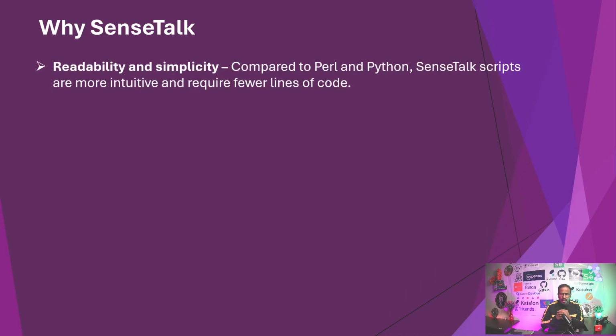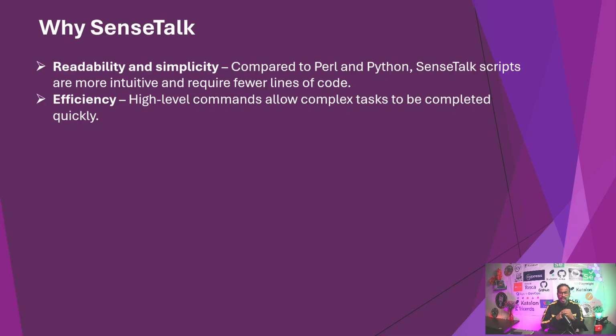Why do we need SenseTalk? So SenseTalk has the following advantages, and hence we need to use it. First one is readability and simplicity. When you compare to languages like Perl and Python, SenseTalk scripts are easier to understand and require fewer lines of code. And then efficiency.